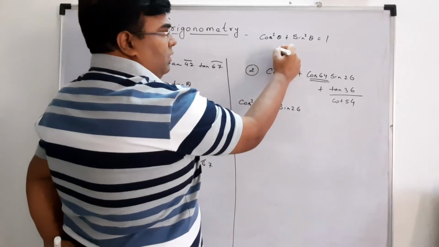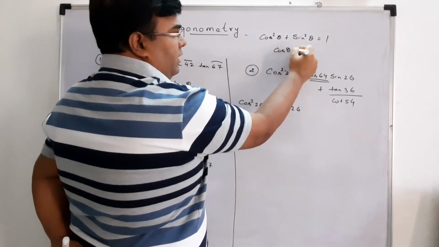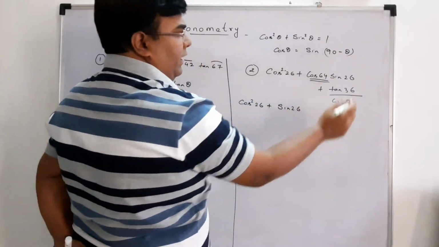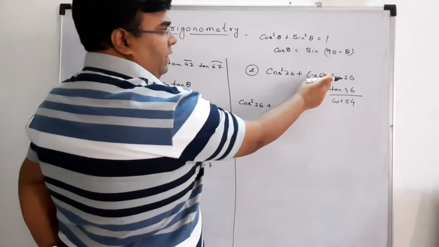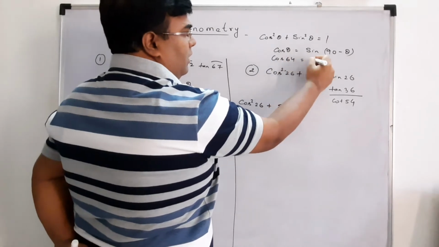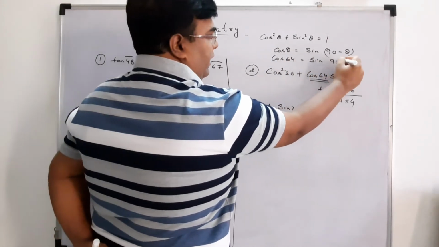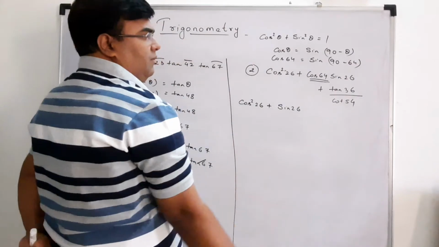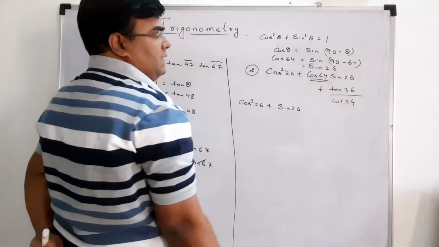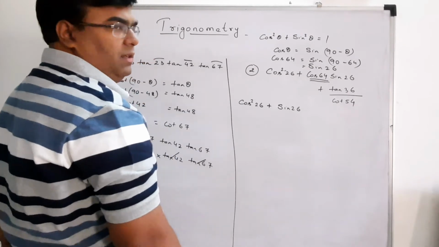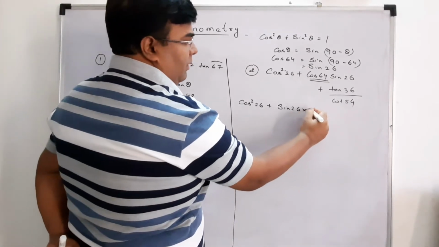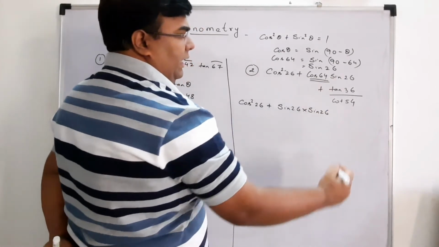How? Cos theta is sin of 90 minus theta. If you take theta as 64, cos 64 will become sin of 90 minus 64, which is equal to sin 26. So cos 64 is sin 26, multiplied by sin 26.